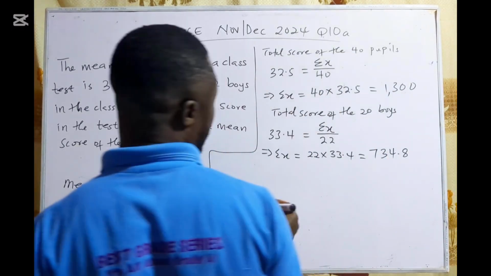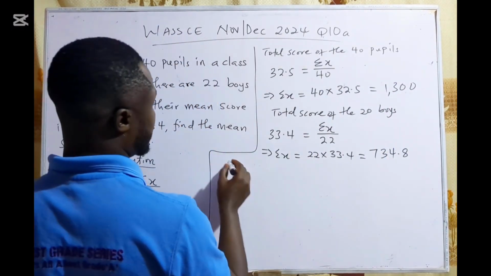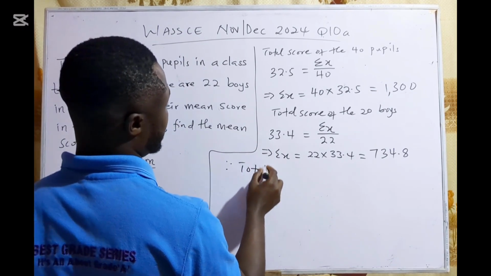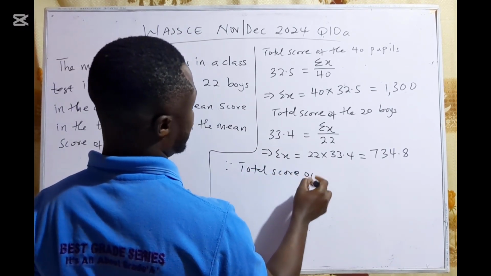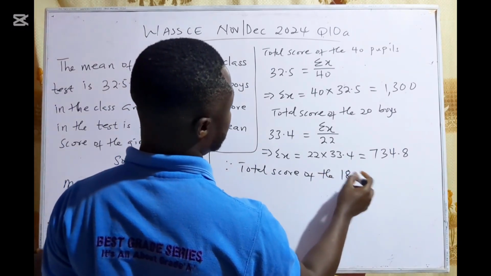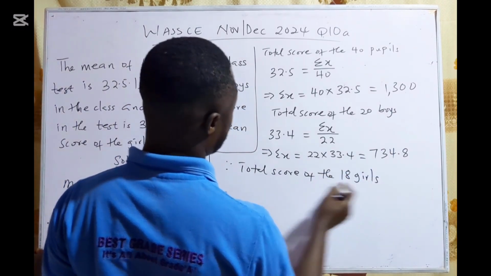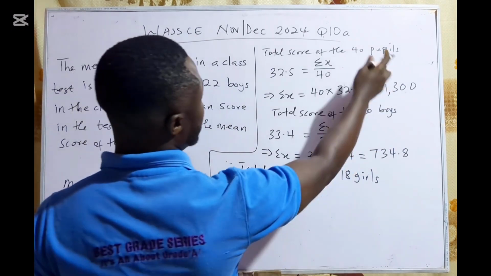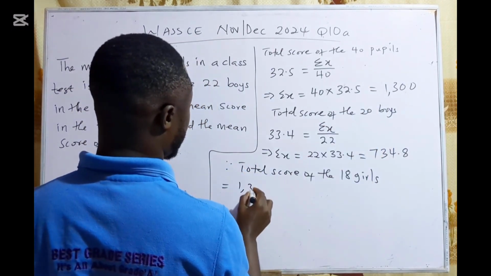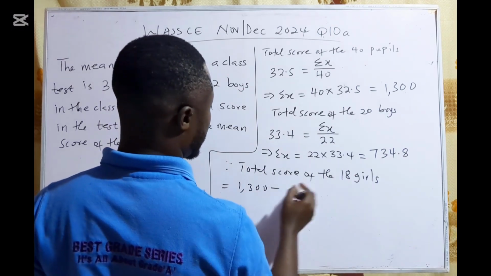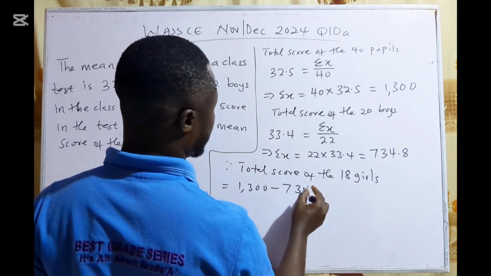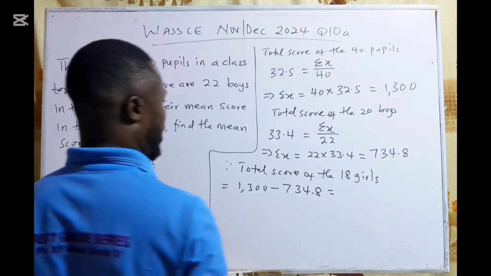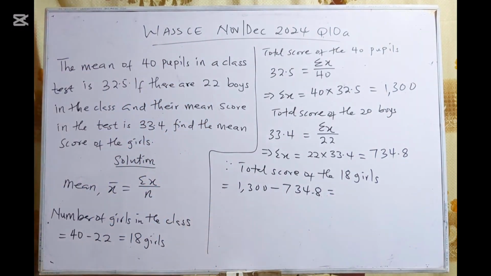Therefore, if you want to know the total score of the girls, the total score of the 18 girls will be equal to the total score of the 40, which is 1300, minus the total score of the 22 boys.